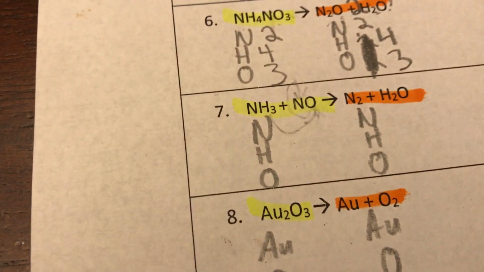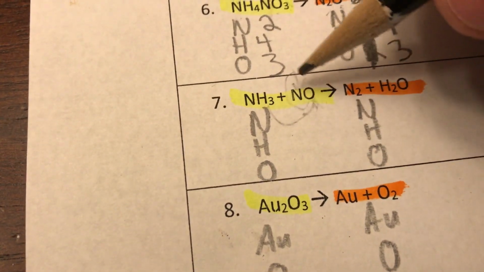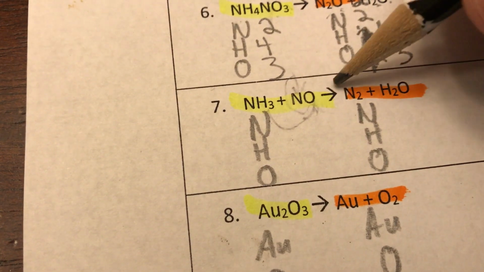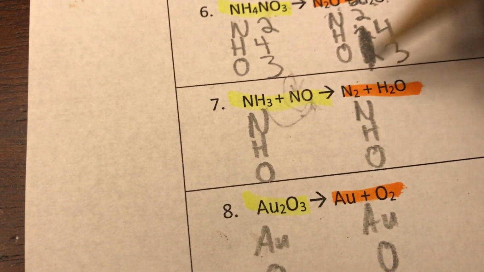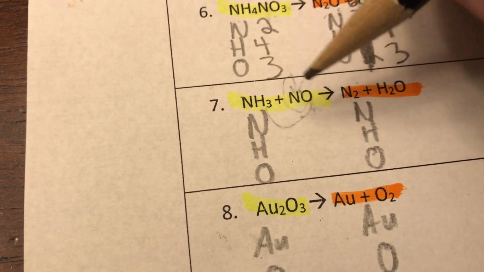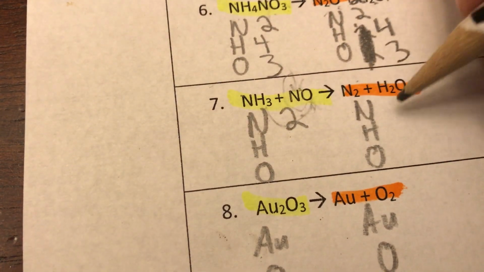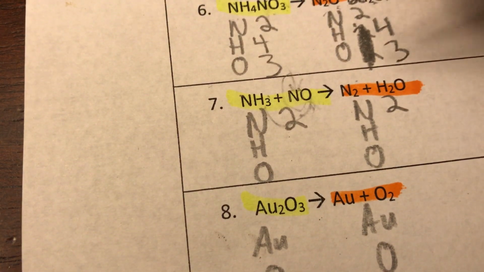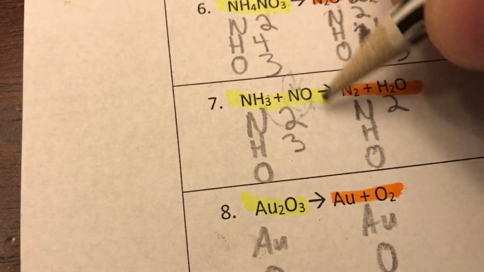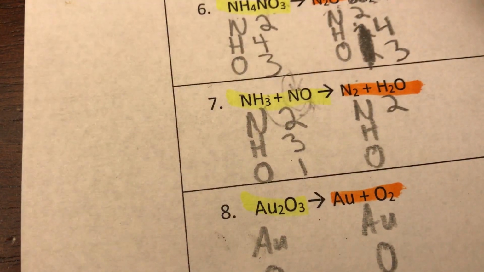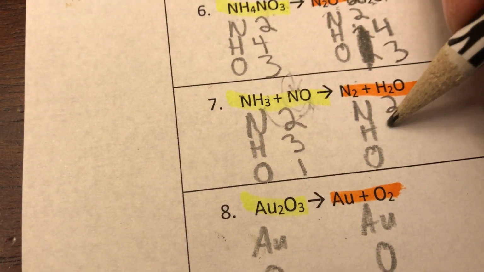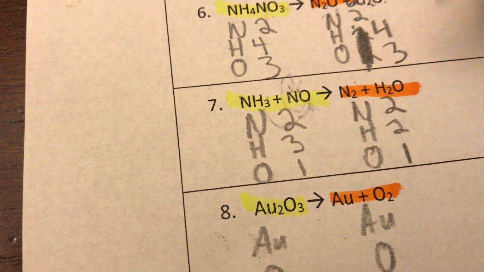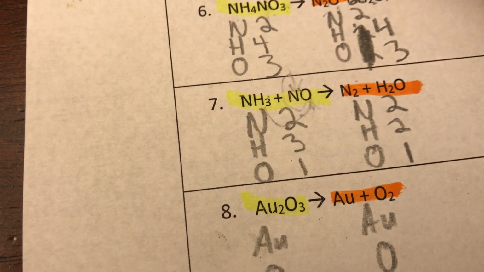Okay, number 7. We've got NH3 plus NO yields N2 plus H2O. So we've got 2 nitrogen to begin with, 2 nitrogen on this side. We've got 3 hydrogen and 1 oxygen. On this side, we've got 2 hydrogen and 1 oxygen.